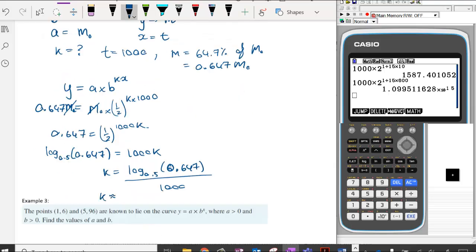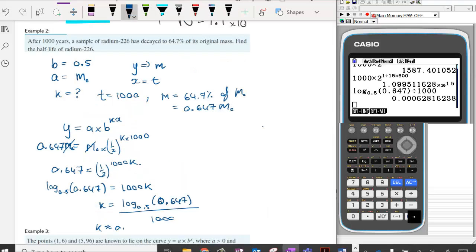So when we put this into our calculator, k should end up being 0.0006282 approximately.